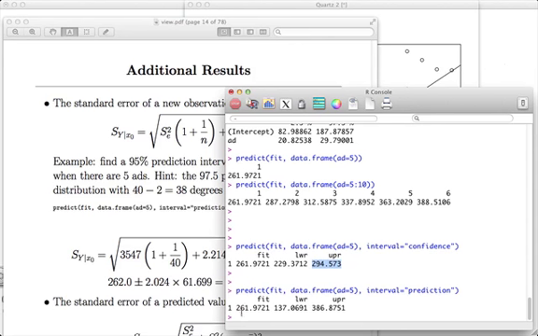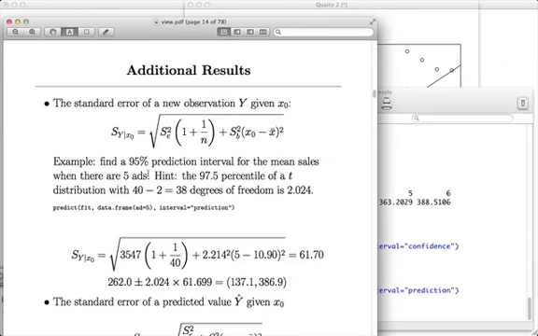So 120 plus 261 is about 380. If you go 2 standard errors in the other direction, you're at about 140. So going 2 standard errors gets you in the ballpark. This is a little bit more precise. So those are all the basic tasks that we have to do with regression analysis.